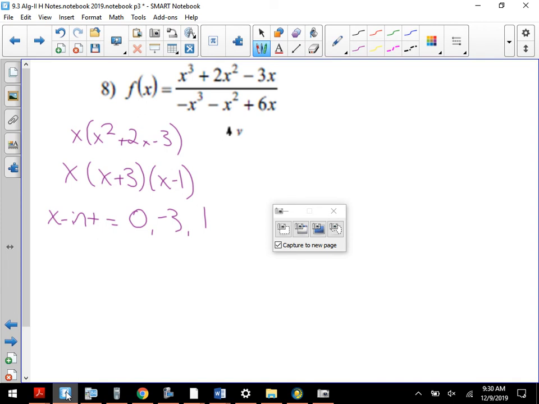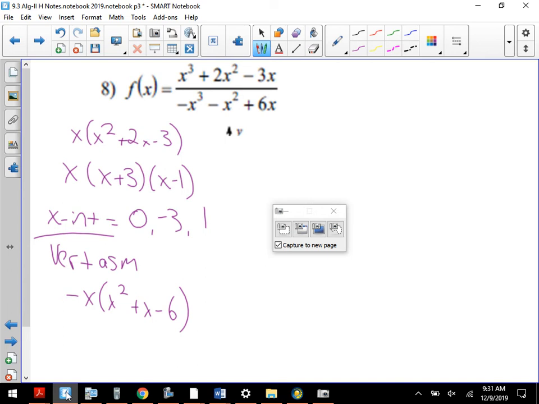I do the same basic thing to find my vertical asymptotes. My vertical asymptotes are going to be at the zeros of my denominator, so I factor my denominator. When I factor the denominator, I take out the negative x first, and I get x squared plus x minus 6. The reason I take out that -1 is so I don't have to worry about factoring a trinomial with a negative a value.